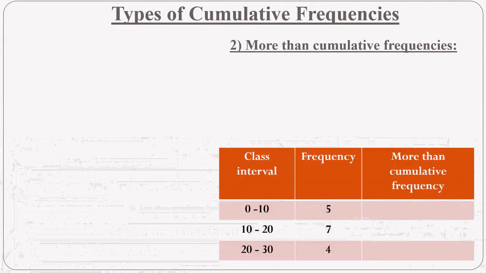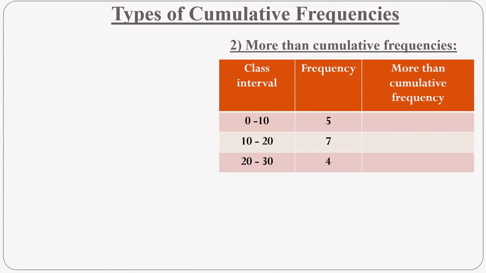Now let me explain with regards to more than cumulative frequency. Same simple example I'm bringing. Now we need to focus on the lower value. We need to write more than 0. Okay, more than 0, we need to calculate the total. So if you make the total, this will be 16. So we need to start with 16 first.